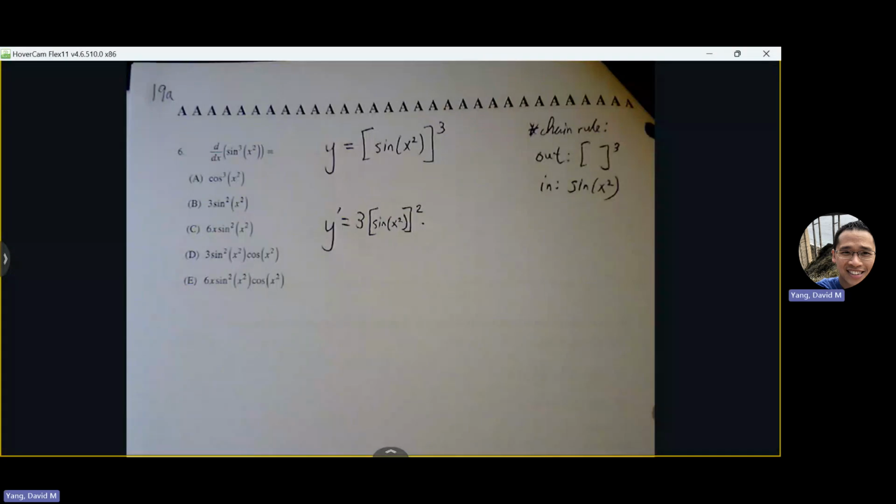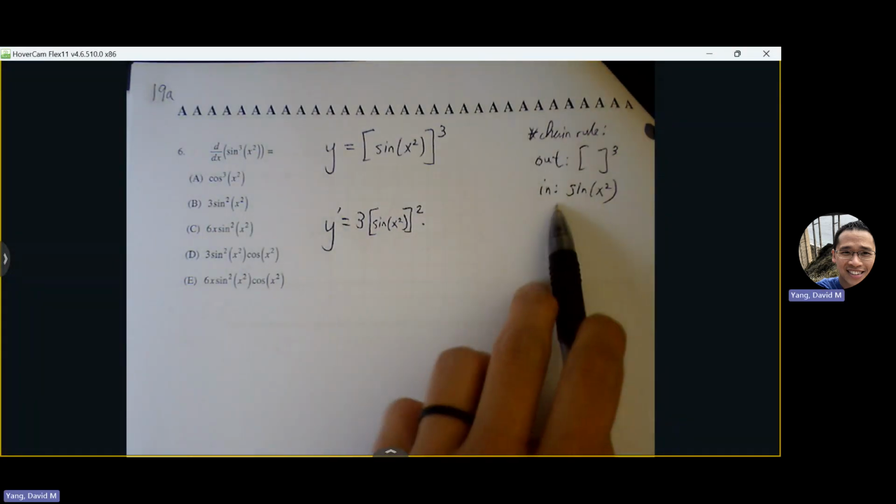So we're taking turns with each derivative here. Outside derivative, bracket cubed. We go through power rule. Keep the inside unchanged. Then multiply by the inside derivative.